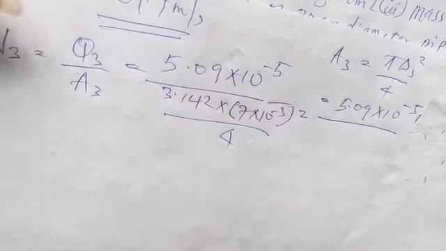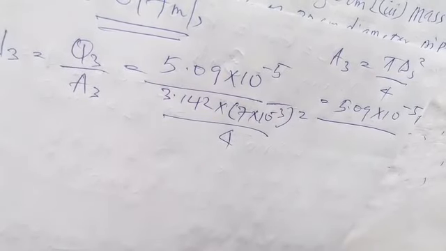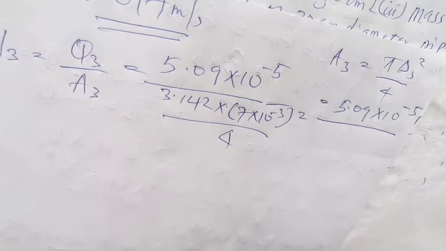I'm going to compute the area as usual: 7 exponential minus 3 all squared multiplied by 3.142 divided by 4. That will give me 3.849.